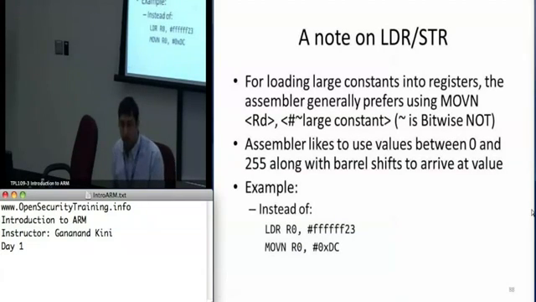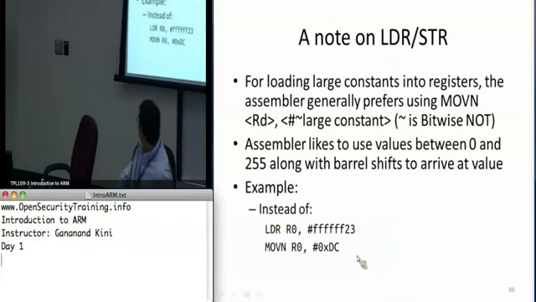So for loading constants into registers, especially constants that are really large, the assembler prefers to use a MVN for whatever reason. So instead of writing LDR R0 with this really large number, the assembler for some reason has a tendency to choose a move negative, right?